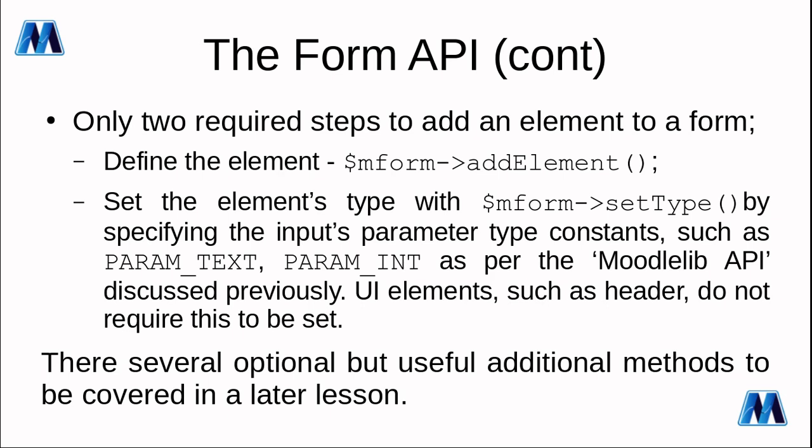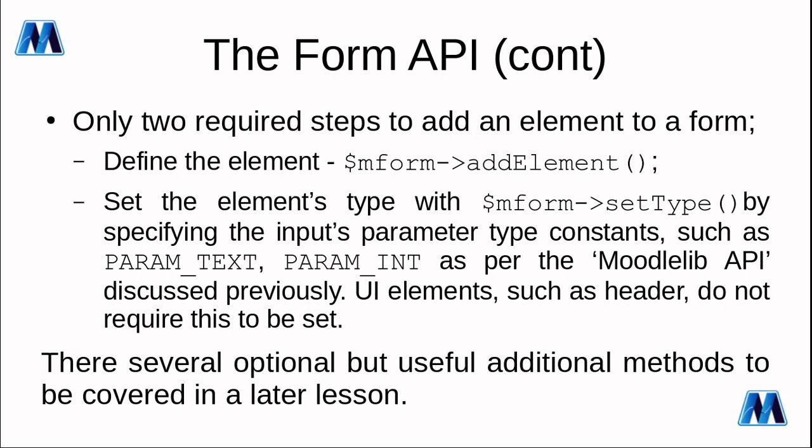So for example, a param text or a param int, as we discussed for the Moodle API presentation. And UI elements such as headers don't really require that to be set. There are several other additional methods that are useful when defining forms, but we'll cover them in a later lesson.